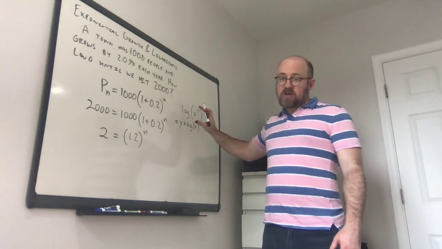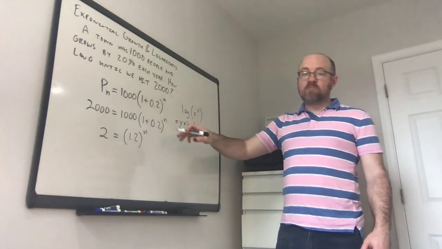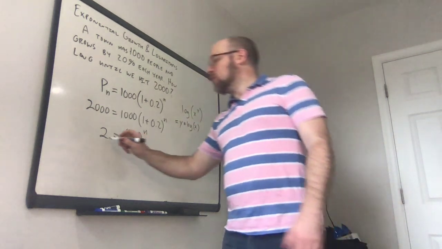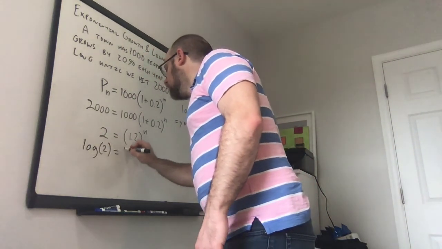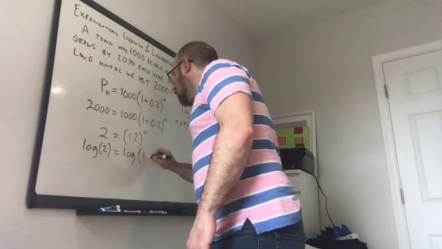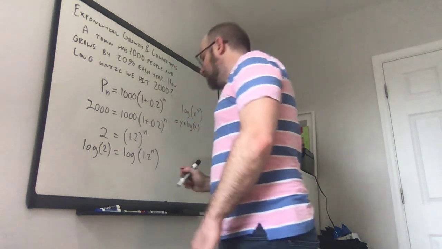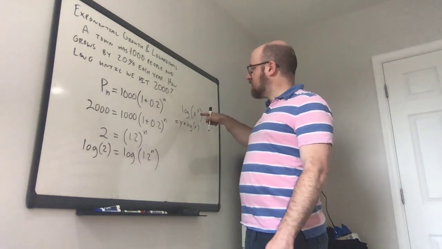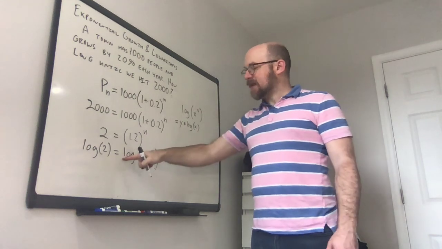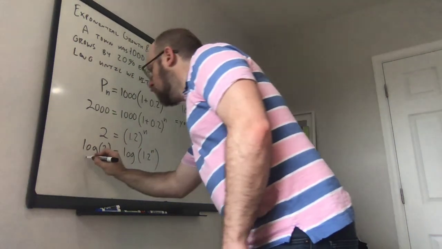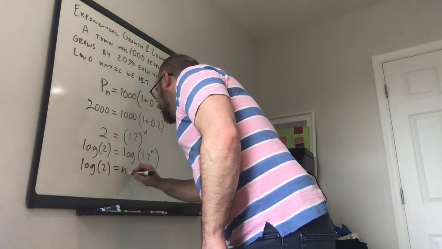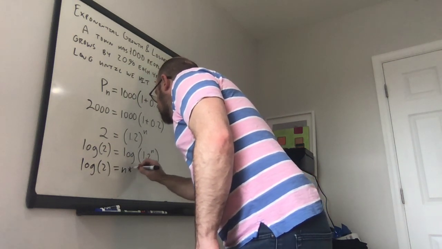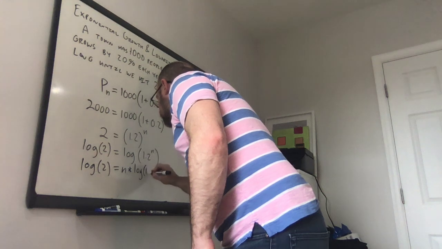So what we're going to do here is take the logarithm of both sides of the problem. So log of 2 equals log of 1.2 to the n. And now, because of this property, this n comes down to the front. And we get log of 2 equals n times log of 1.2.